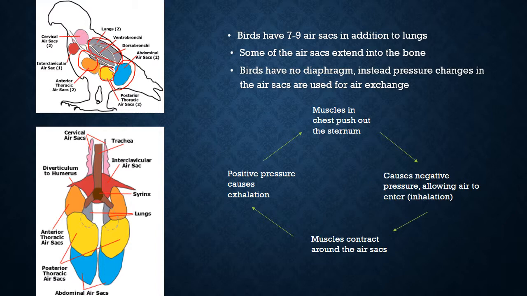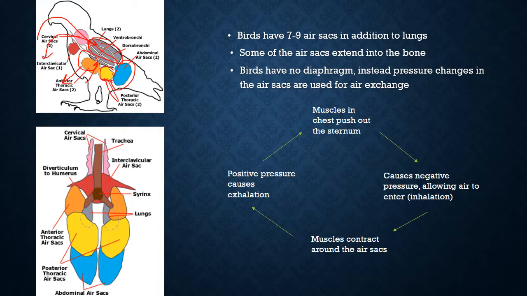So what happens is muscles in their chest push out the sternum. Okay, so when the sternum gets pushed out, that causes a negative pressure that allows for inhalation in through the lungs and into the air sacs. As the muscles contract around the various air sacs, and they have them all over, that causes positive pressure for then exhalation.